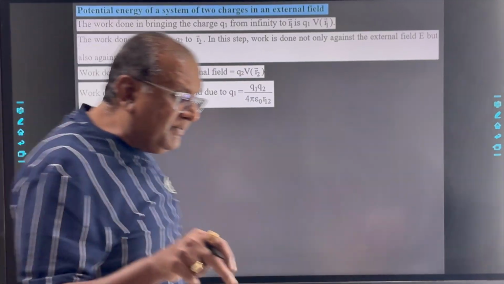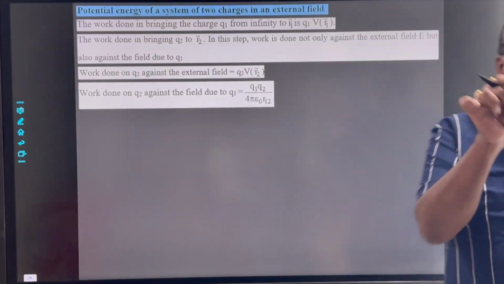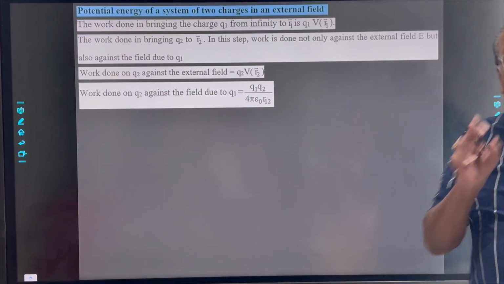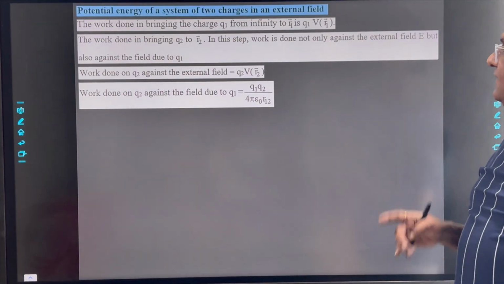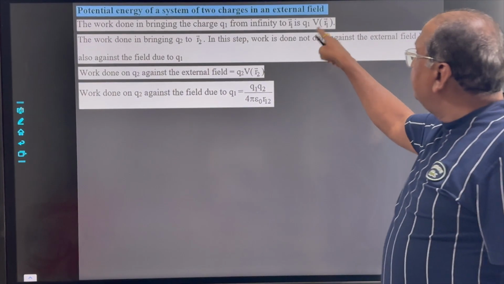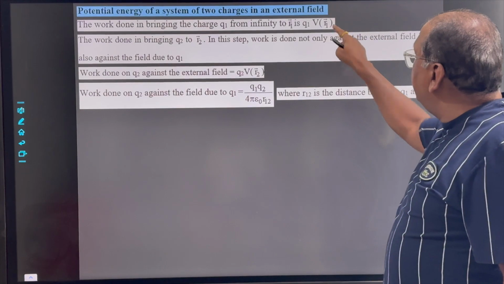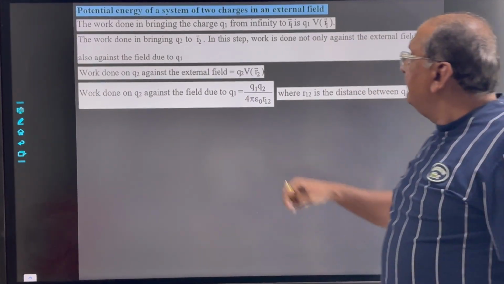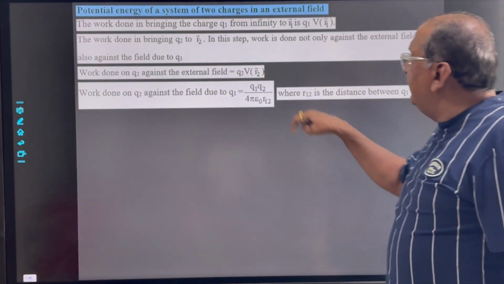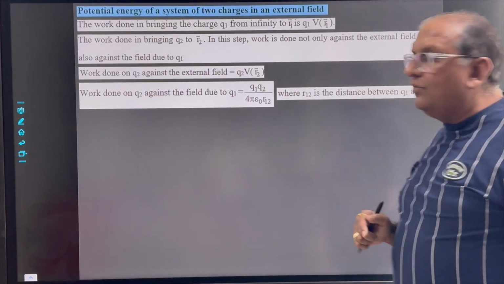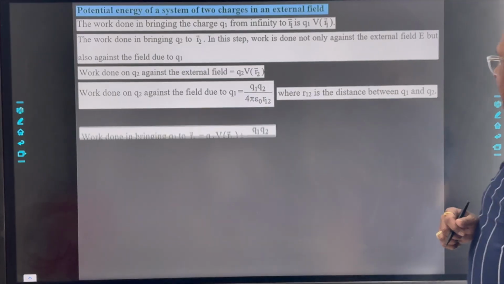So when we prepare an assembly of two charges Q1 and Q2 in an external field, then the total work done is equal to Q1 into V at R1, plus Q2 into V at R2, plus Q1 Q2 upon 4 pi epsilon 0 R12.